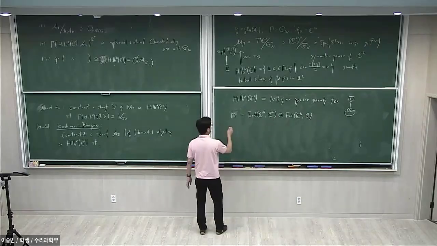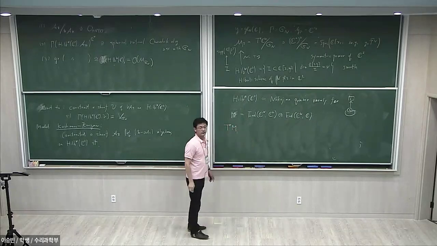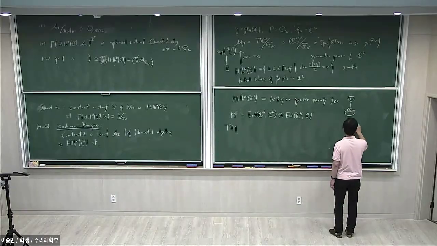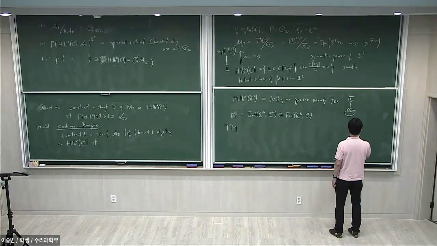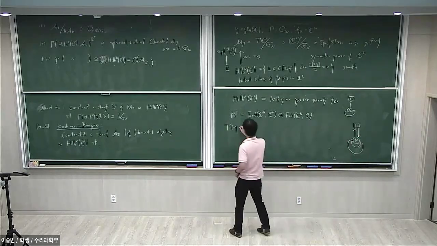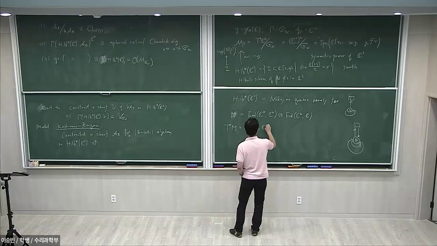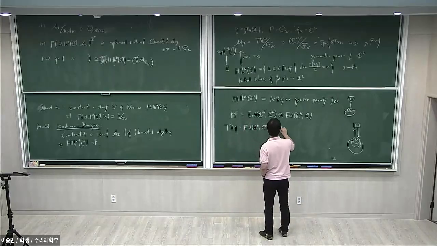But in Nakajima's construction, you consider the double of the quiver. So what you do is you double the arrows, and so we have 2 matrices.